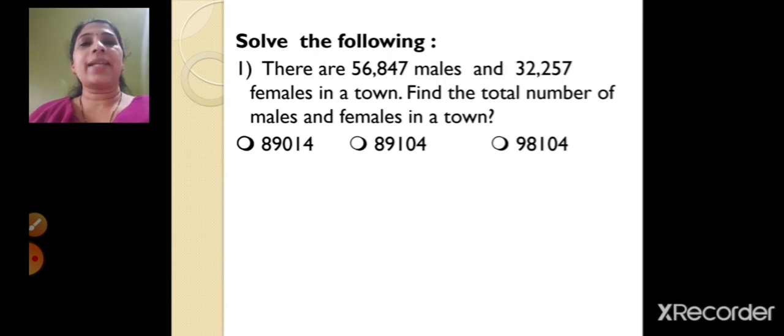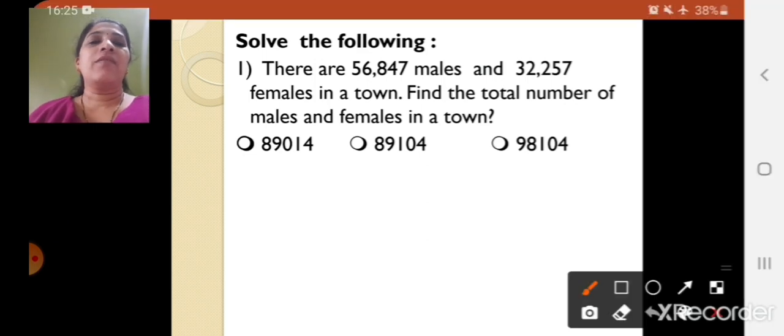So here we will not write the statements. Right? We'll directly carry out what is required. Okay. So what I'll do? What is the question? 56,847 males are there and 32,257 females are there. Find the total number. Total number means you are going to carry out addition of male and the female numbers. Right? So always in the question you just see what is given.